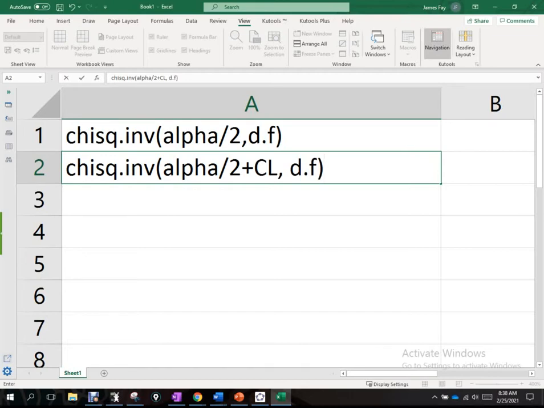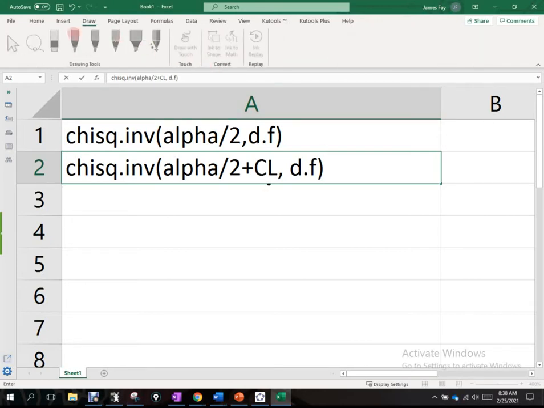So a picture of this would be, if we have our chi-squared distribution, this area right here is your alpha over 2 value.